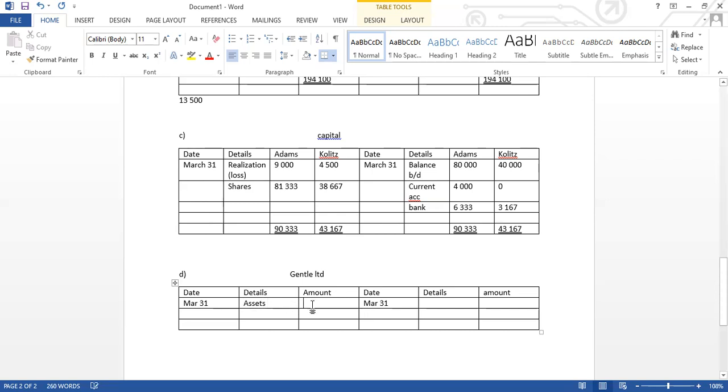The amount is 150,000. And then he gave us bank of 30,000, and then shares of 120,000.